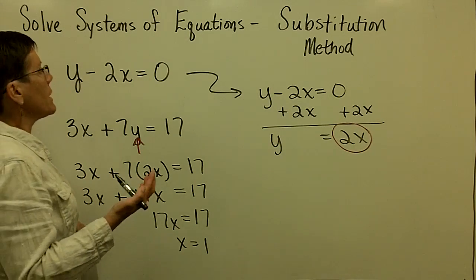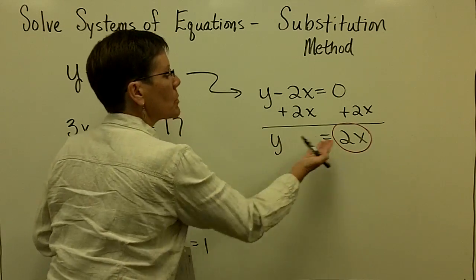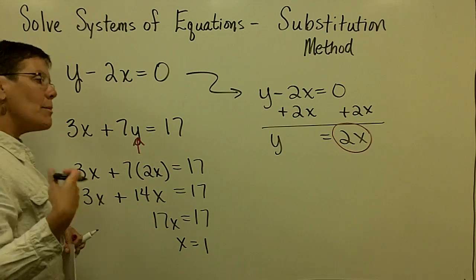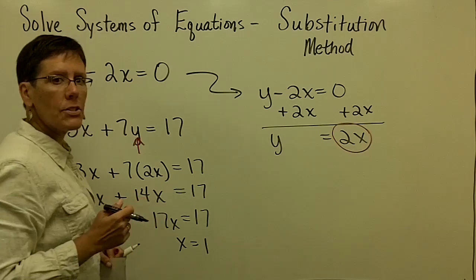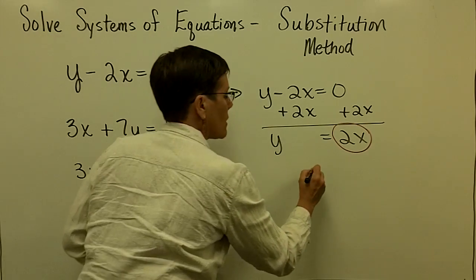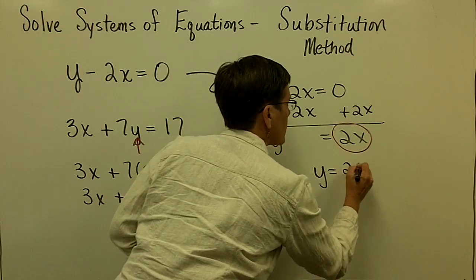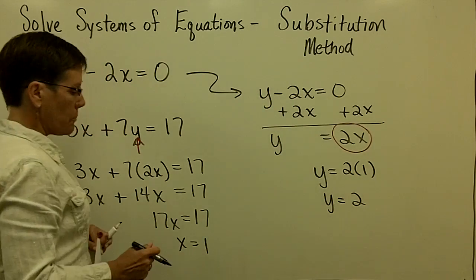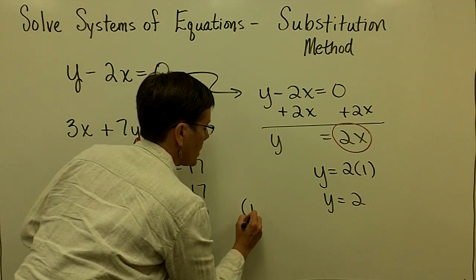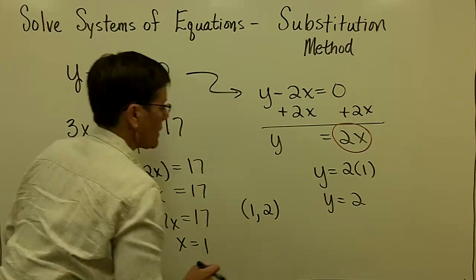Now, quite simply, while this is not one of the original equations, if I feel confident in this work right here, that I added 2x to both sides, I'm an advocate of just saying, well, y is equal to 2 times whatever x is. So y is 2. And so my solution here is x is 1, y is 2.